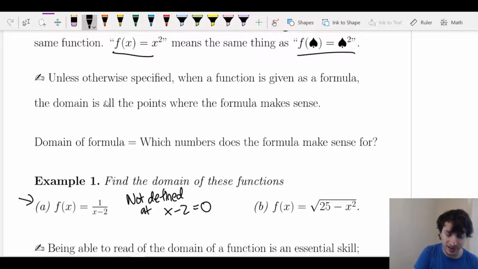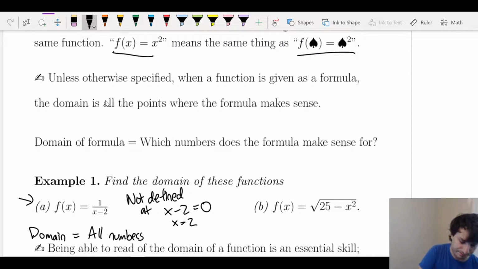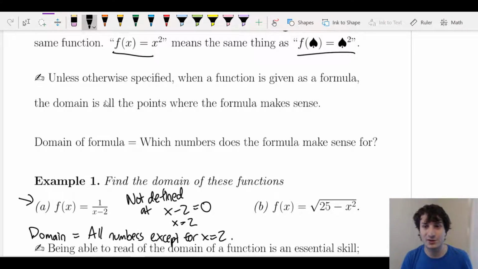So therefore, x minus 2 equals 0 is the same as x equals 2. So it's not defined at that point. So the domain is all numbers except for 2. So that's the domain of that function. And later on in the course, we're going to have maybe more fancy notation for writing sets of numbers. But for now, as long as you understand all numbers except for x equals 2, that's great.